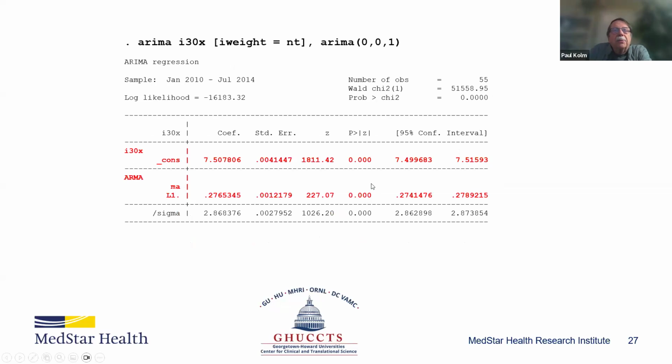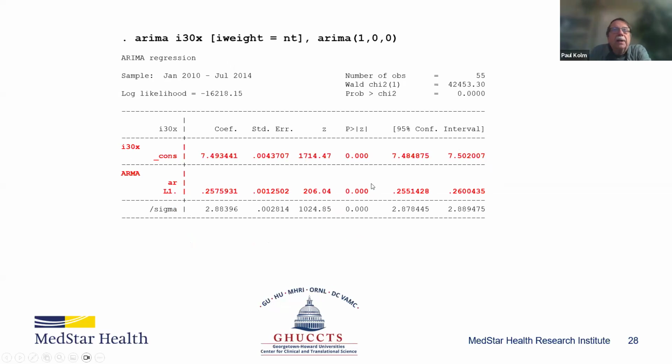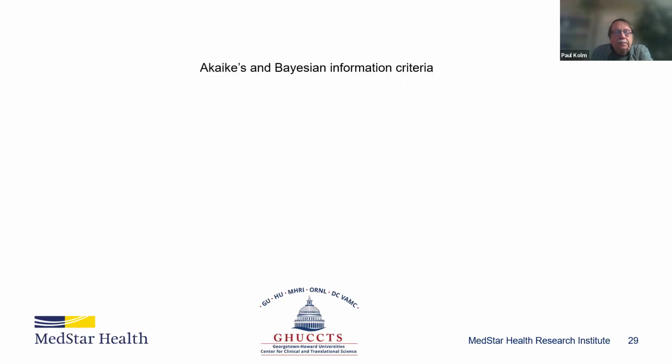So now we've got three different models here. And then here's a final one, I think, where we just include the autoregressive and we take out the moving average part. So how do we know which model to use? Well, we use our information criteria to decide which model is the best model.